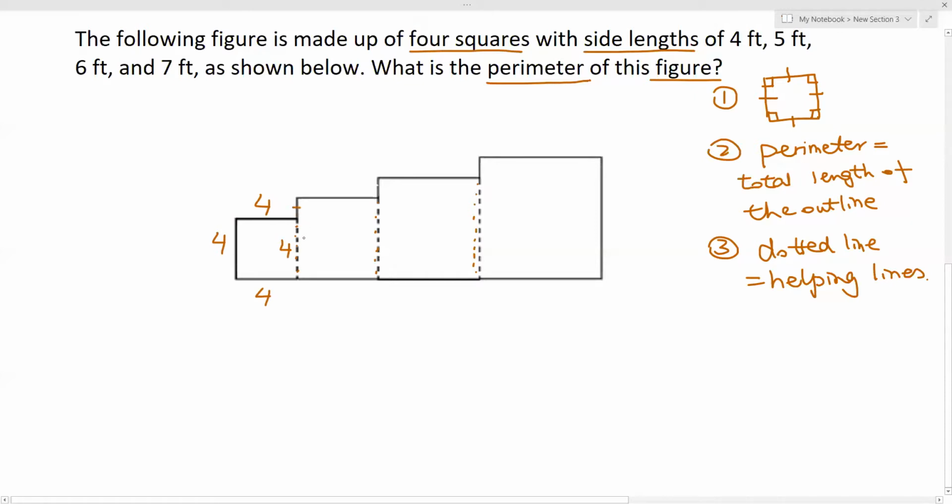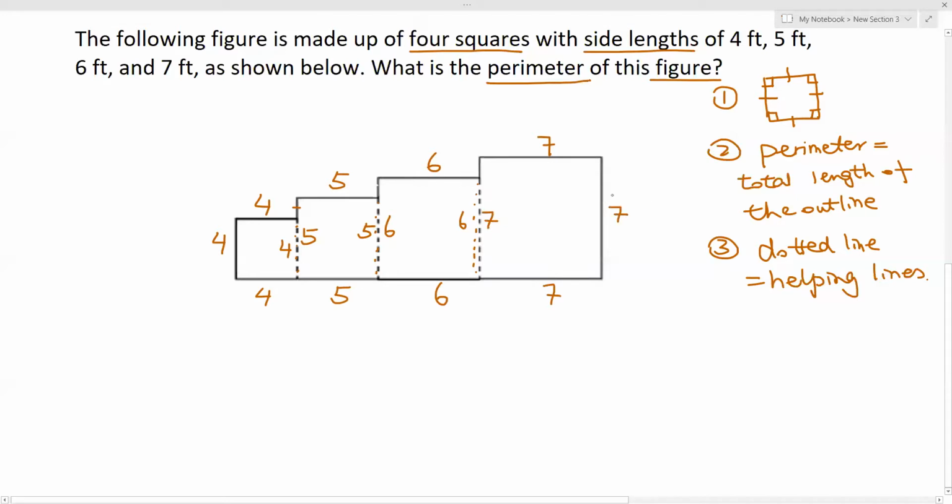This little section. Now for the second square, we know that the side length is 5 feet. And we can do the same for all 4 sides. For the third square, we can do the same, 6 feet, and so on and so forth for the 4th square as well.